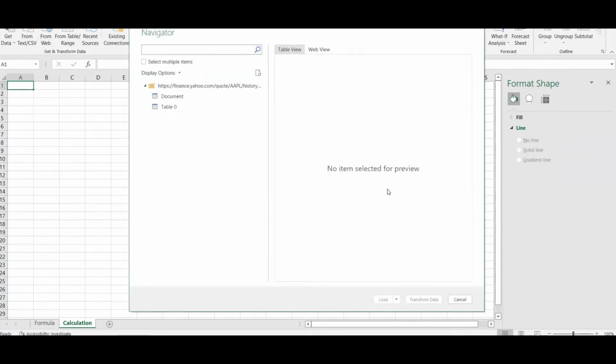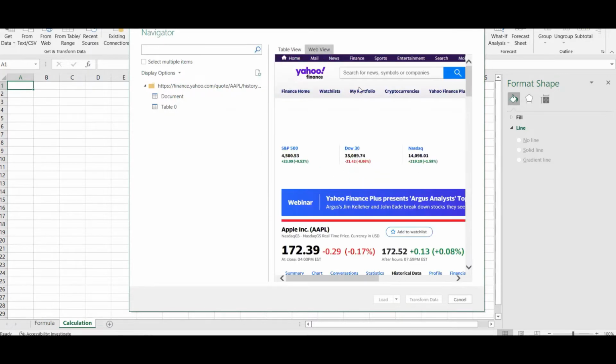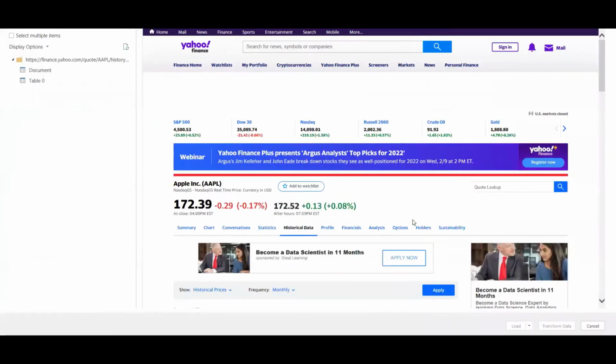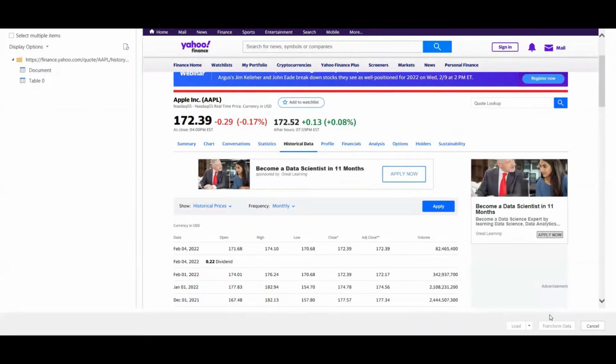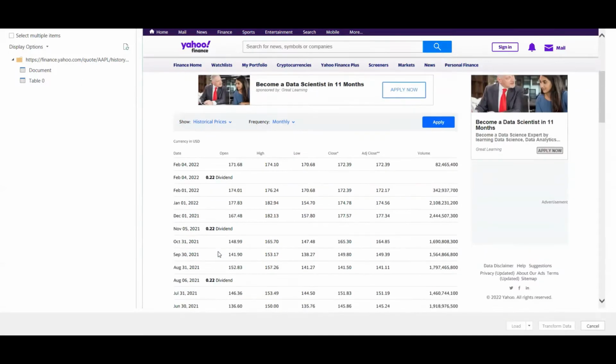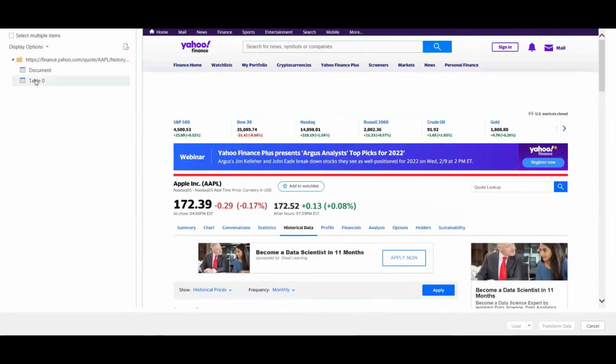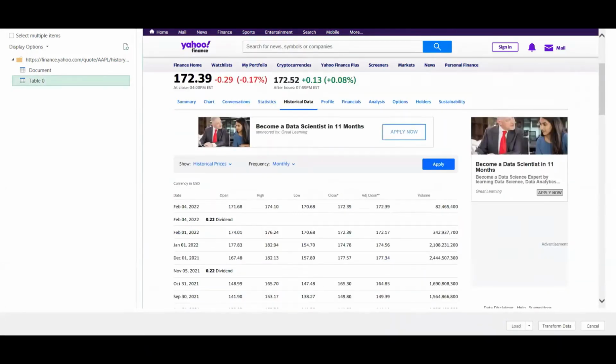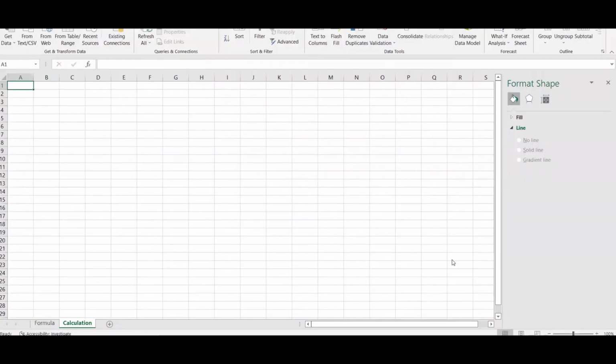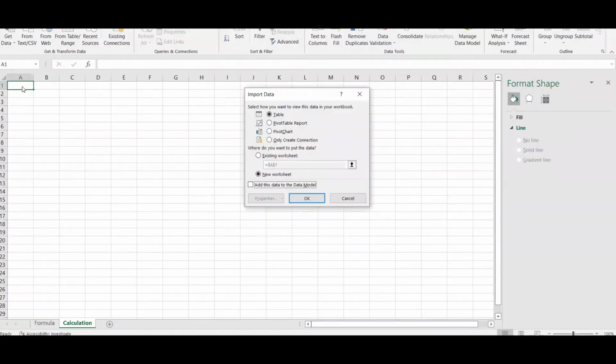I think this is a better way. Just keep your cursor over here, and load data to, for example, an existing sheet, say okay.